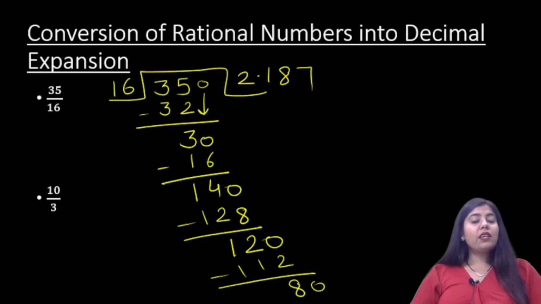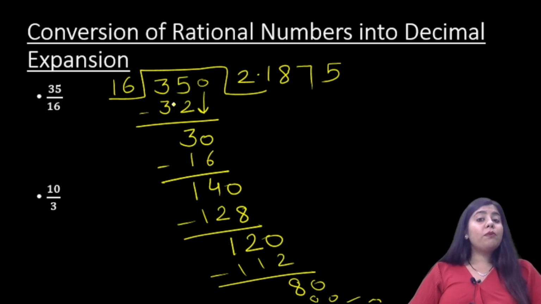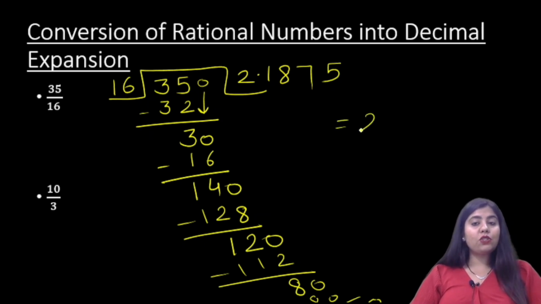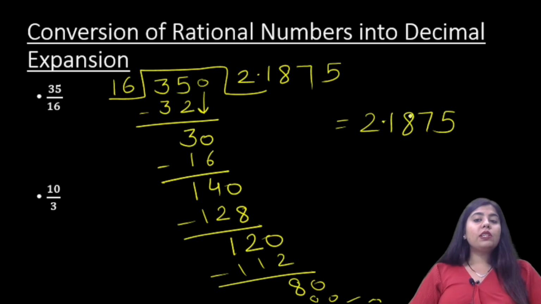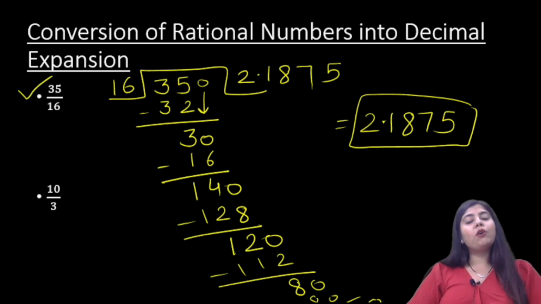Again we will take the carryover as 0, and on 5 we will get 80, and 80 minus 80 is 0 only. So from here we can see that when we divide 35 by 16, we will get the answer as 2.1875. So it is the decimal expansion of the rational number 35 upon 16.